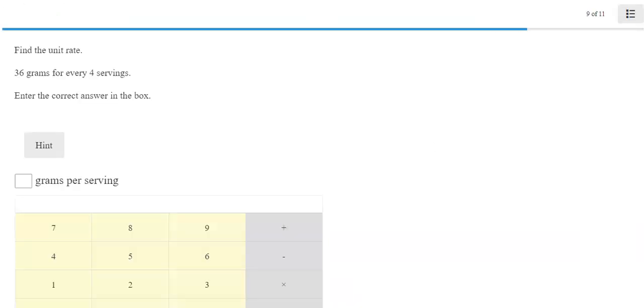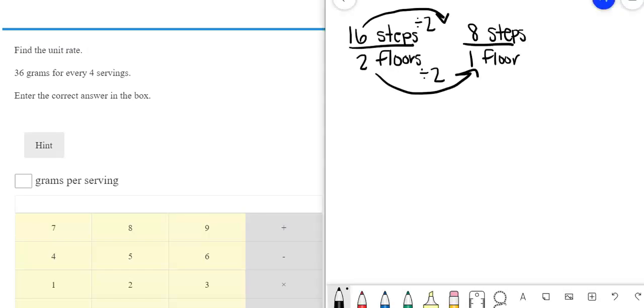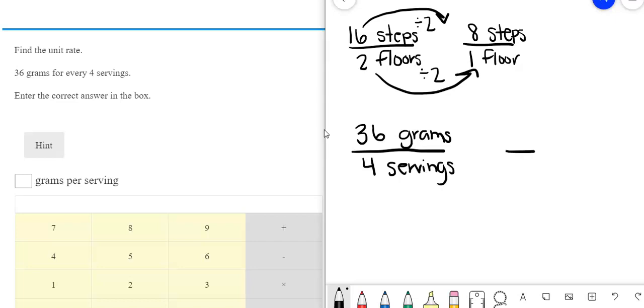Number 9. I'm going to bring my work page back up. We have 36 grams for 4 servings. Remember unit rate, I'm getting 1 on the bottom. To make 4 into 1, I'm going to divide by 4. If I divide by 4 on the bottom, I need to divide by 4 on the top. 36 divided by 4 is 9.